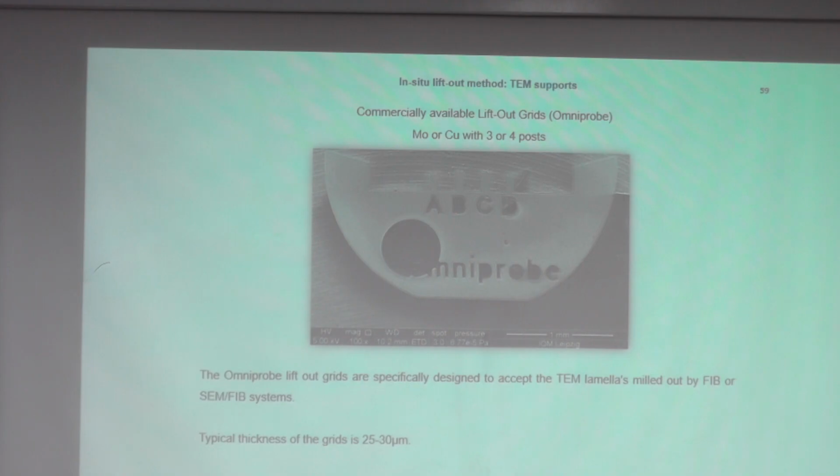It always takes time for one sample, but if you have multiple samples, you insert it and then you can work the whole day or even two days. The typical thickness of such half grids is between 25 and 30 micrometers, so they are very delicate, and you can bend them very easily. That is the case with copper, so be careful with that. Molybdenum grids are more stable.